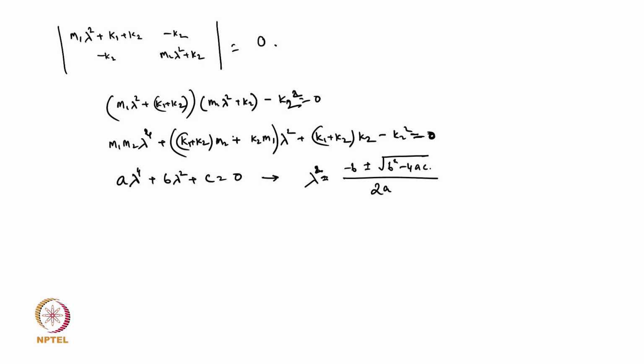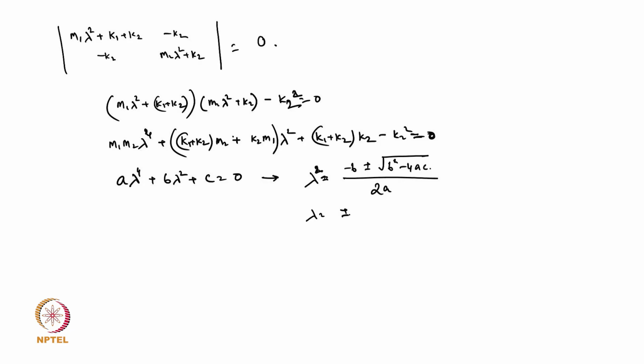Agreed? Good. So we get lambda square. Now what? Once we get lambda square, then lambda will be plus minus of that, simple, plus minus of this root.